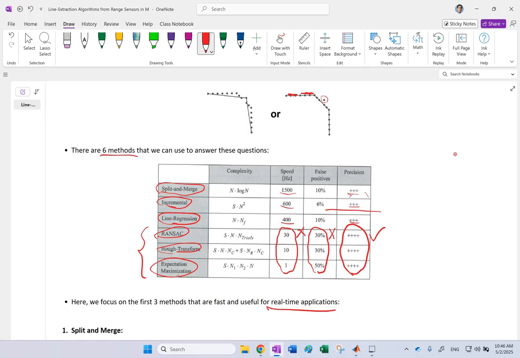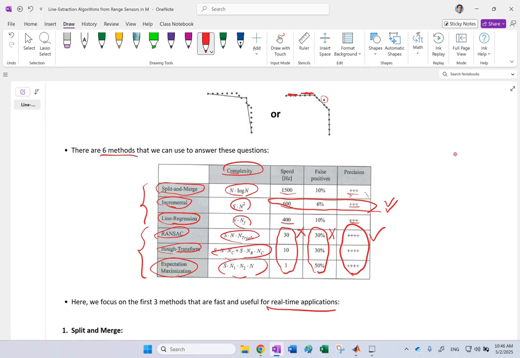In that case, for instance, you see that incremental seems to be a very good one. And their complexity in terms of their parameters is given here. I don't want to focus on these right now, but in general, there are 2 categories: the fast ones, less precise, and the more precise ones that are slower and give you more false positives.